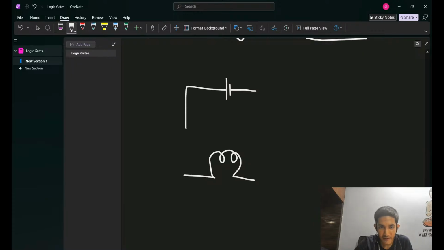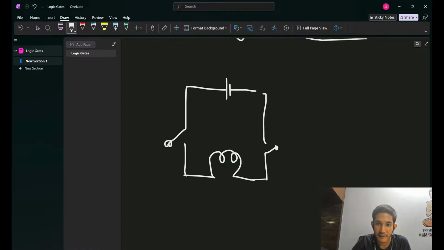So very simply, we can take one open switch and connect it in series with another open switch, and then connect that to a light bulb. If I close only this one, nothing will happen because that one is open. If I close only the other, nothing will happen because this one is open. And if I don't close either, it's always open, so nothing happens.